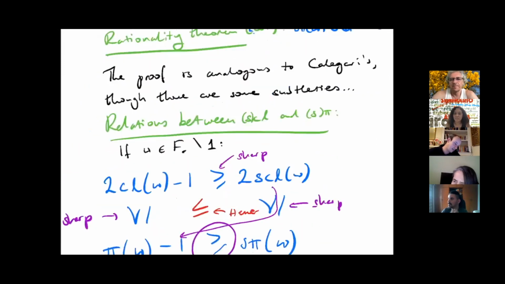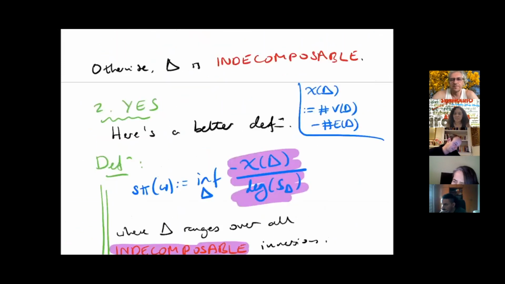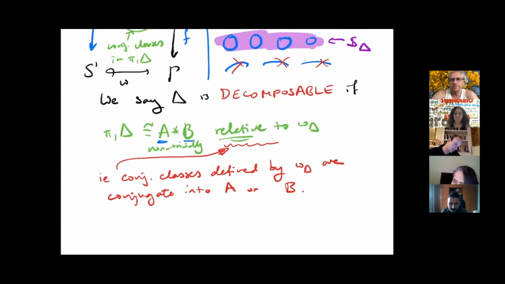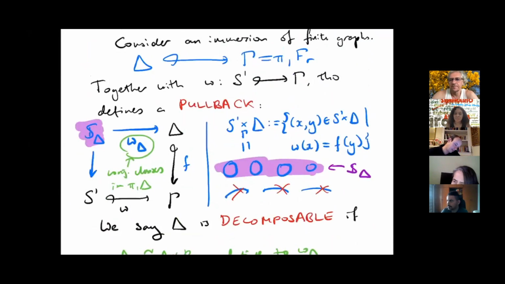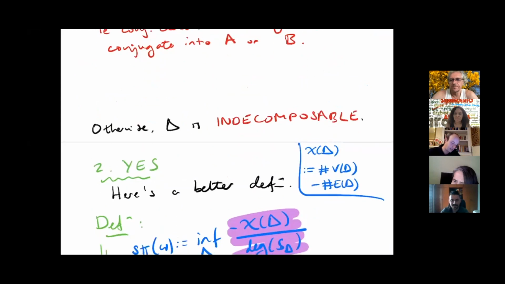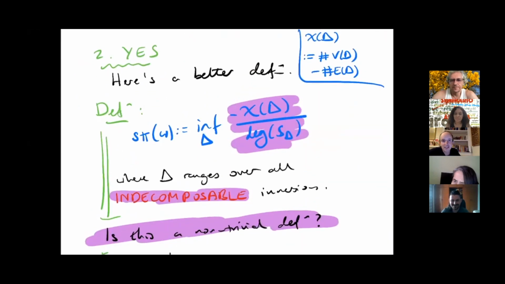If we go all the way back to the definition, there will be no indecomposable immersions in that case, it turns out. And therefore, I will have the infimum of the empty set, and therefore I want to say it's infinite.